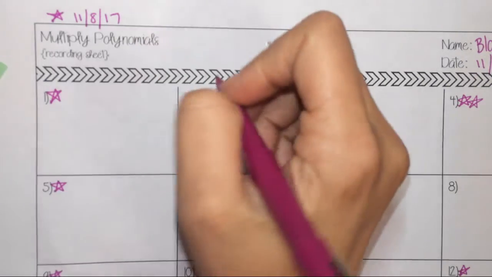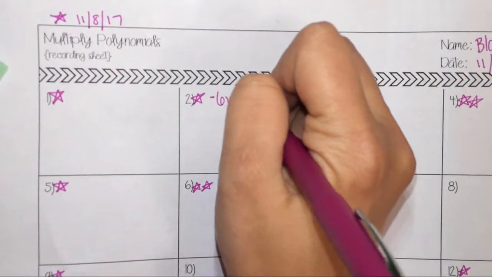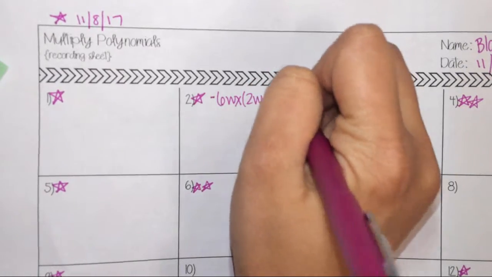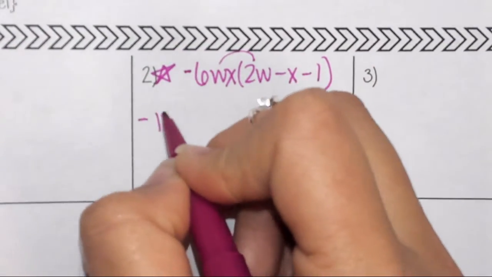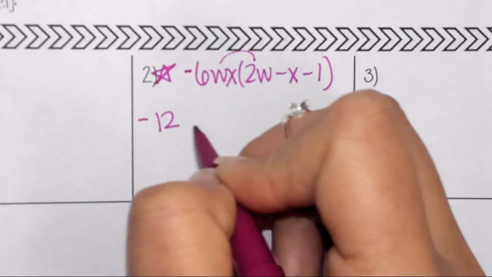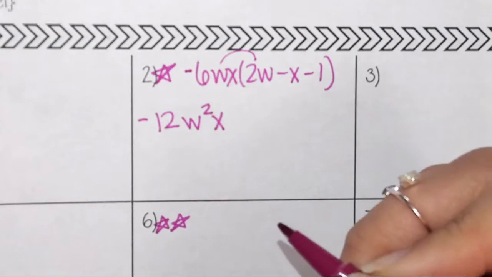Okay, so number 2 says negative 6wx times 2w minus x minus 1, right? Okay, then we distribute this. And that gives us negative 12. 1 plus 1 is 2, and then you keep your x there.